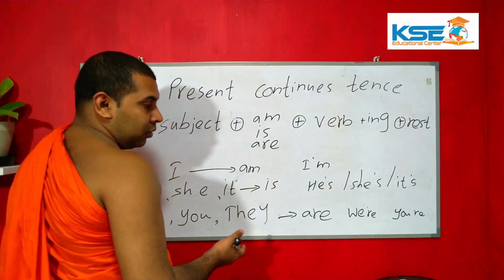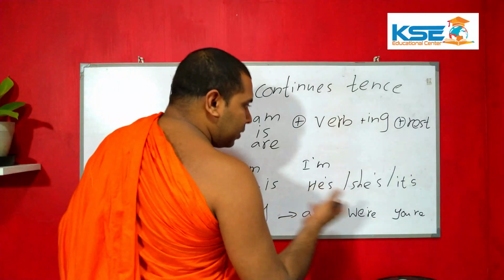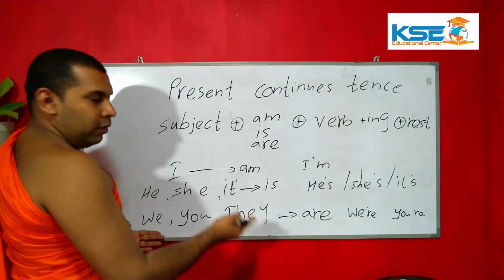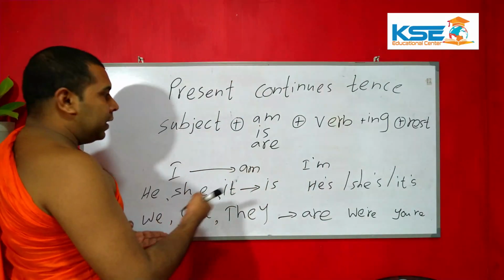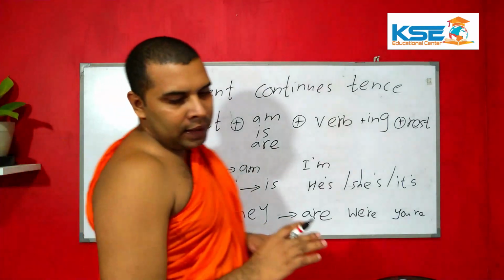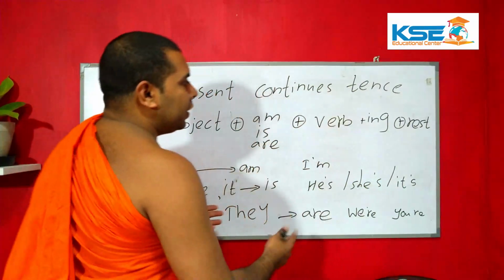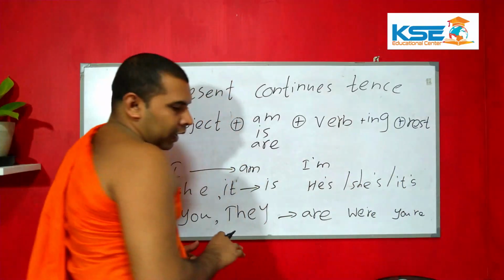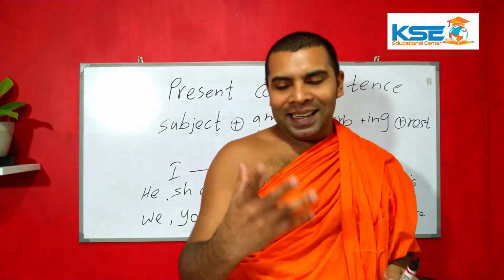We use these to show the be verb with the subject. After that we continue with verbs. I think you got it clearly.